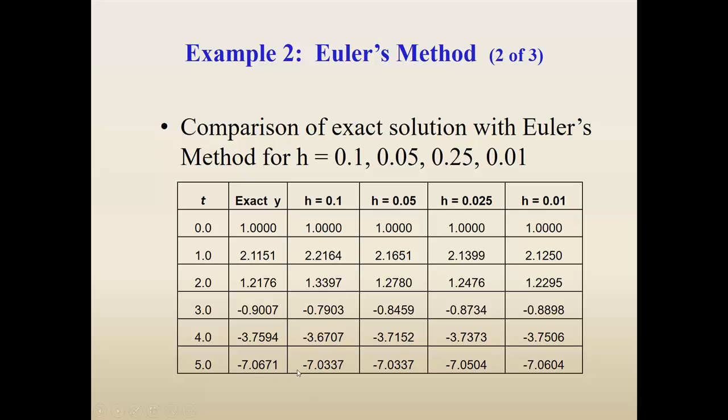That's pretty darn close, even after 5 units of time has passed. And when we do 0.01, wow, that is remarkably close to 2 decimal places, maybe even higher. So the smaller the step size, the better we're going to be, the closer the approximation we're going to do.